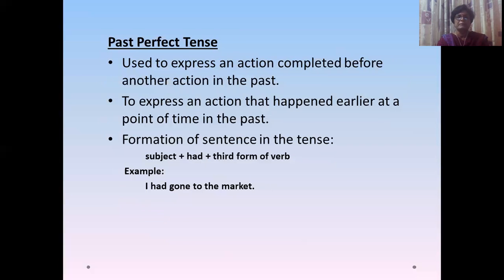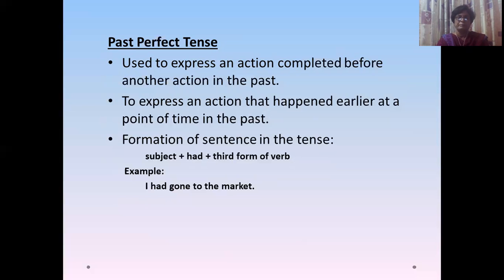Now next is the past perfect tense. This tense is used to express an action completed before another action in the past. It is also used to express an action that happened earlier at a point of time in the past. The formation of the sentence in this tense is subject plus had plus third form of the verb.